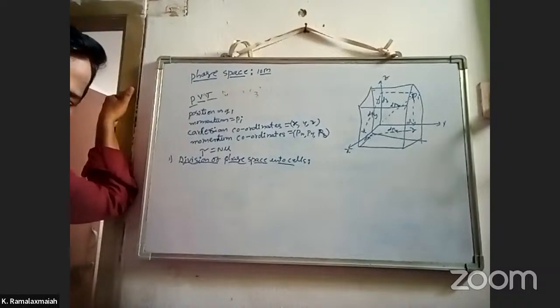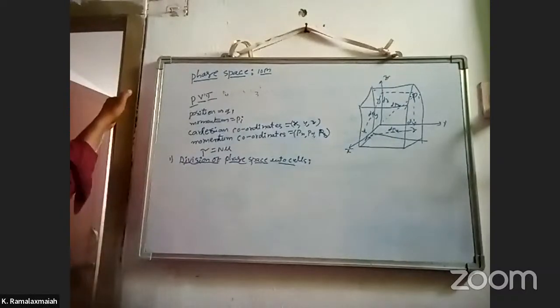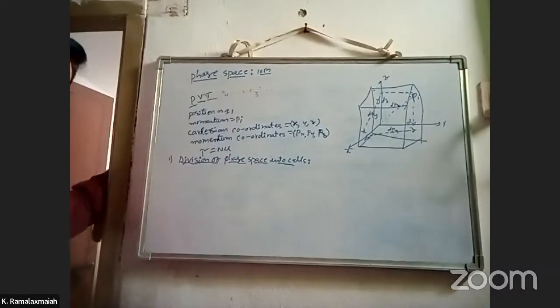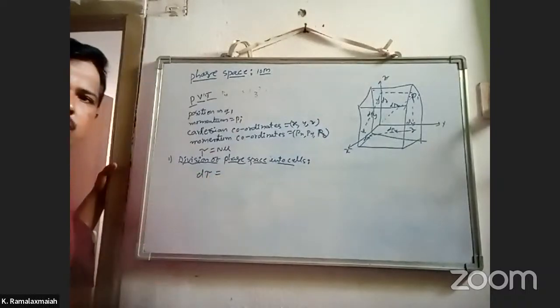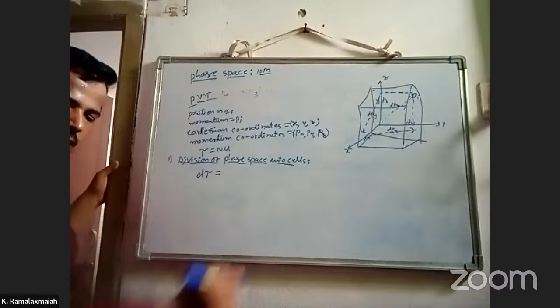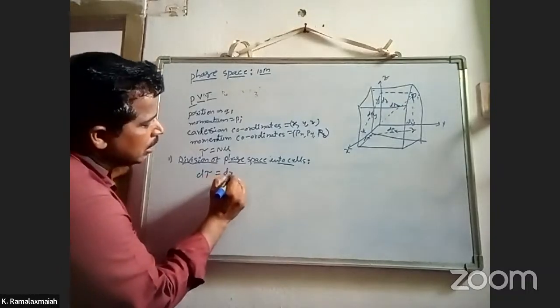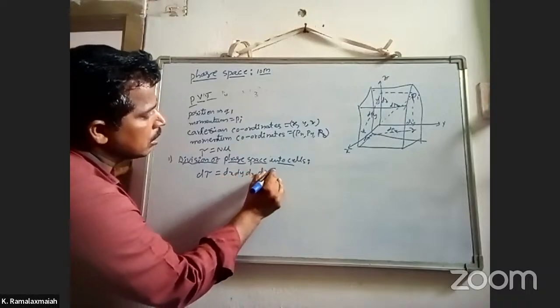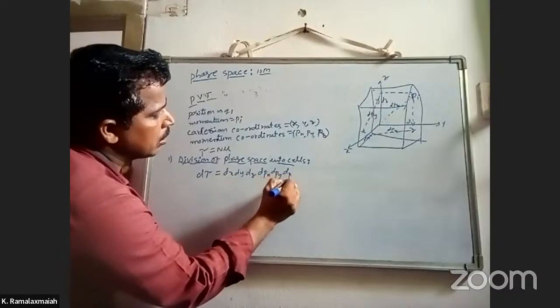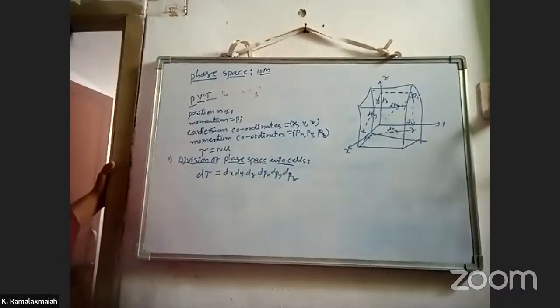Also, our approach is to close in on the limit of a point in phase space by reducing the size of the cell. The volume of each cell is d tau equal to dx dy dz dpx dpy dpz.